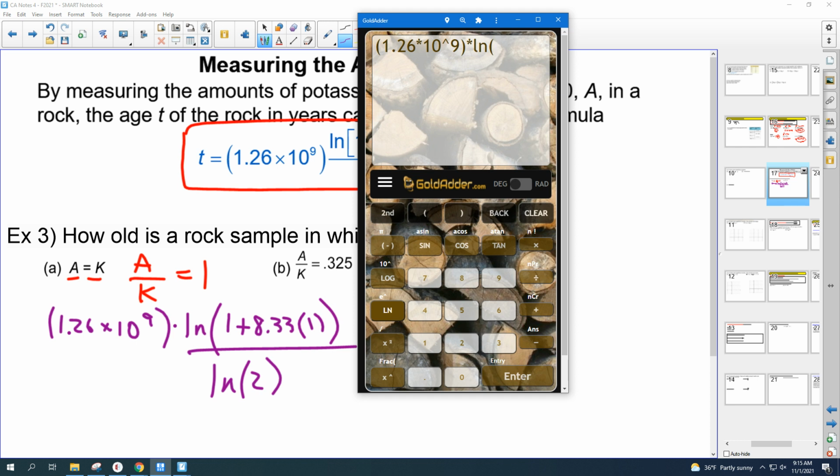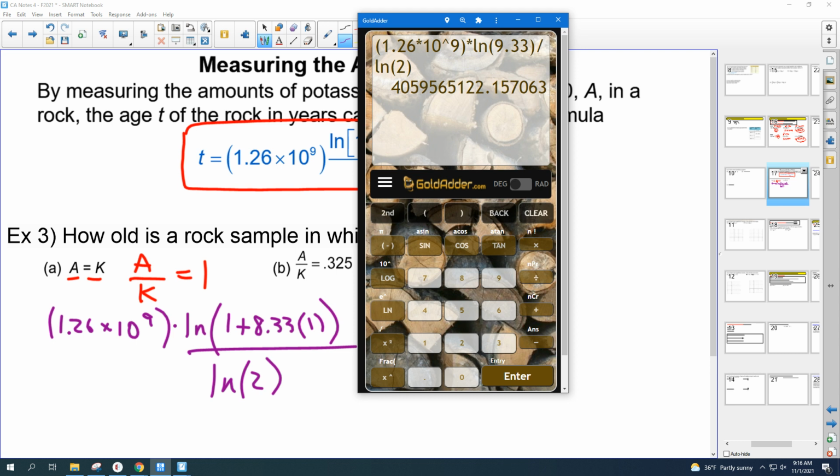It's going to be 1 plus 8.33. It's going to be 9.33 right there, right? So can we just kind of shortcut a step? Feel free to type in 1 plus 8.33 times 1, but that's a pretty easy one to do in your head. That's 9.33. And then we're going to divide that by natural log of 2.